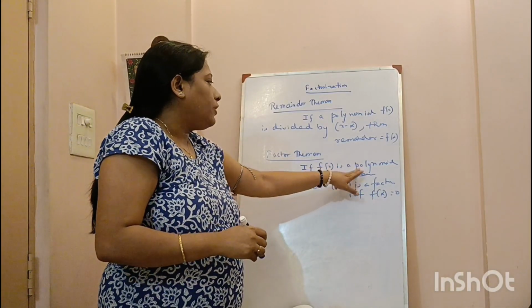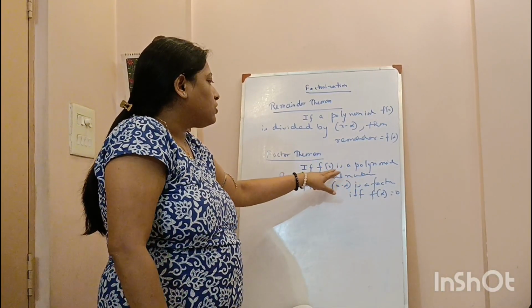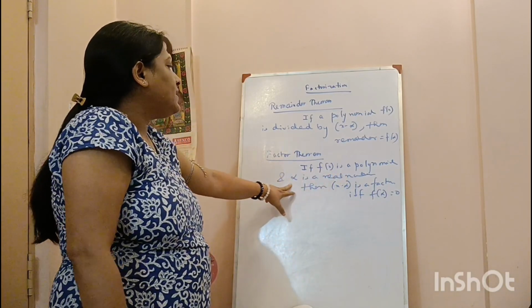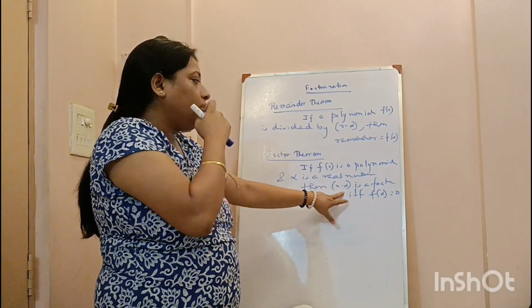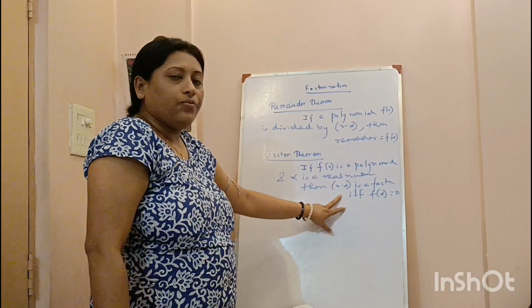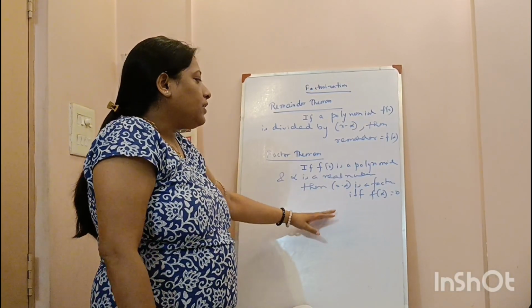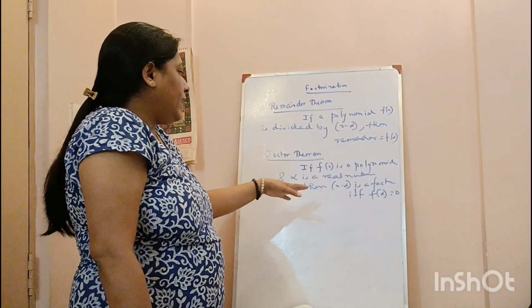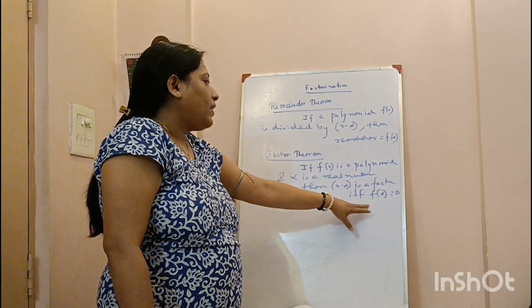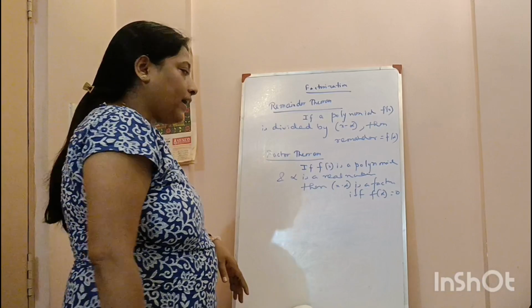If f(x) is a polynomial, obviously a non-zero polynomial, and alpha is a real number, then x minus alpha is a factor if and only if f(alpha) = 0. There is a converse part also, the vice versa also. That is the factor theorem.